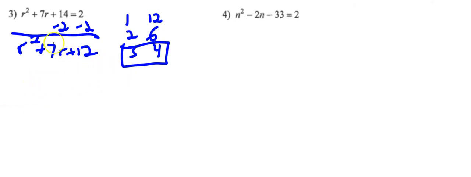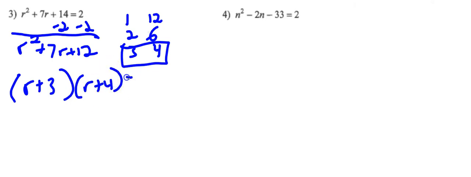So we're going to break this 7r into 2 parts. Or actually we don't have to because it's already done. We're just going to get to our solution, which is r plus 3 times r plus 4. And that's all equal to 0 after I took that 2 away over there.